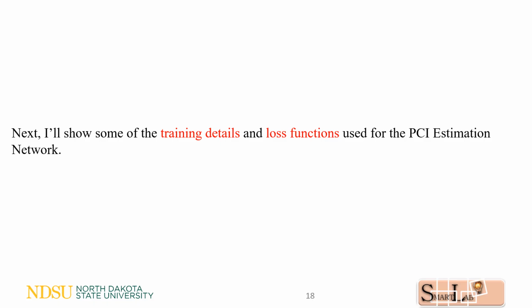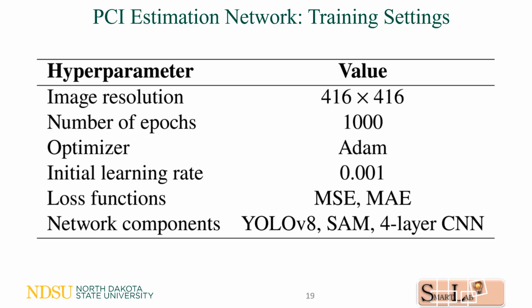Now, let me show you the training details and also the loss functions that are used for the PCI estimation network. For the PCI estimation network, we use the following hyperparameters. For the image resolution, we use 416 by 416. We use this so that it can help us get the right dimensions for the YOLO V8 backbone.